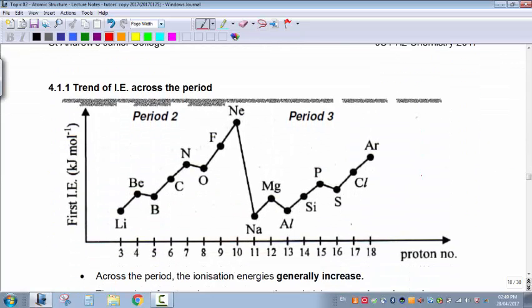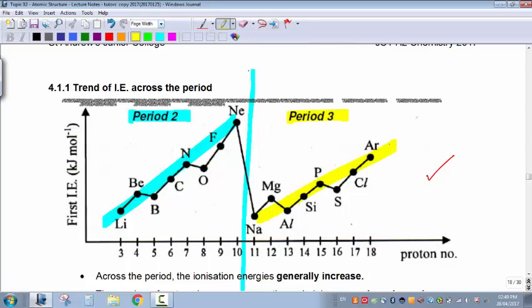First thing you must do is reproduce the graph. If you take a look, this is for period 2. You see a general increasing trend. This is for period 3, there's an increasing trend across.